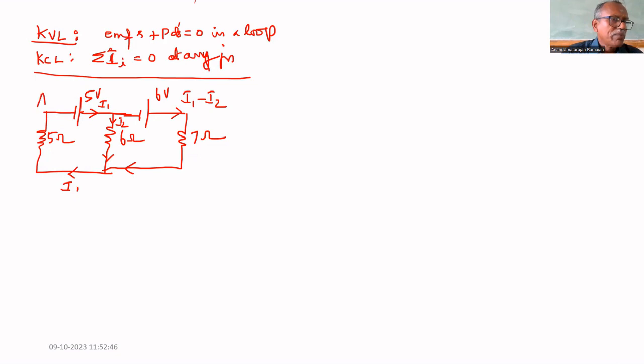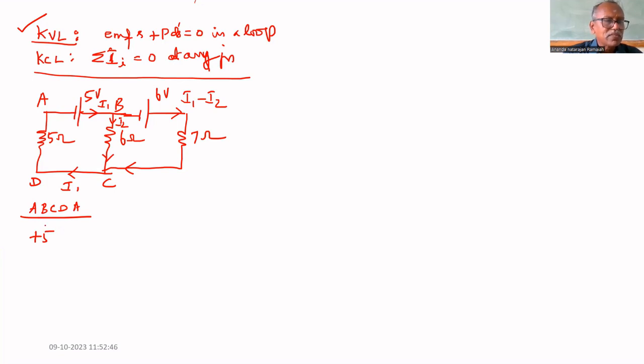Now, let us take the loop A, B, C, D, A. For that, what is the loop equation? Write KVL. We are traveling from A to B, a rise in potential, that's why plus 5. We are traveling along current direction, there is a fall in potential.